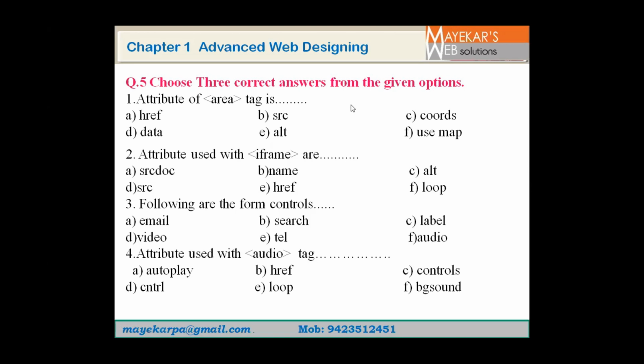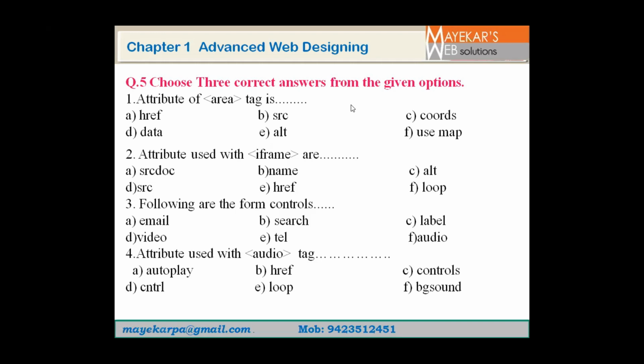Second is given src. No, src is used for image source. Okay, so we are not using src, or it is used in iframe but not in area tag. Coords, yes, coords is the right answer, because in area, when we are going to specify an area, that time coordinates are given by using this coords attribute. So coords attribute is right.